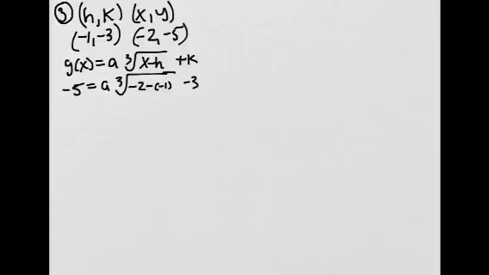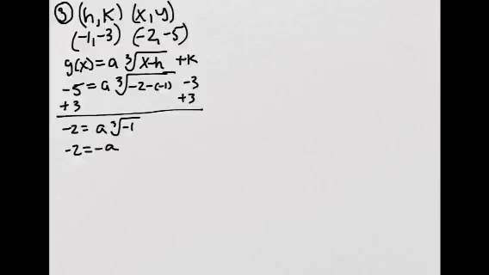I'm going to add the 3, move it to the other side, so that leaves -2 equals a times the cube root of -2 plus 1 is -1, while the cube root of -1 is -1. So this is -2 equals -a, so we divide by -1. So a is 2.